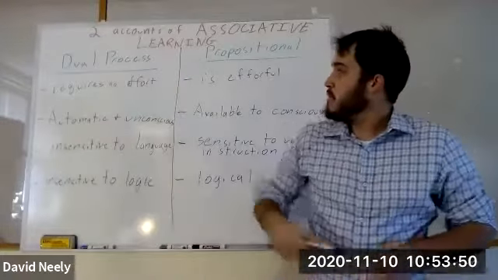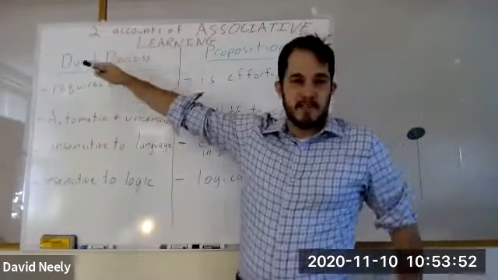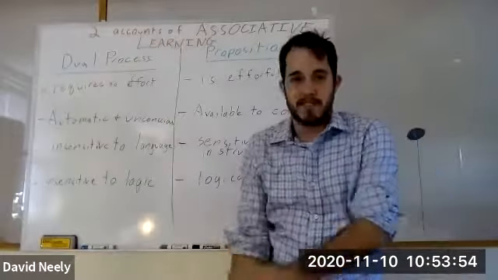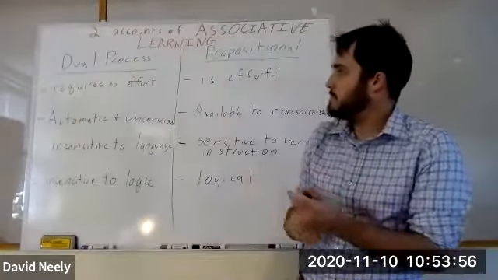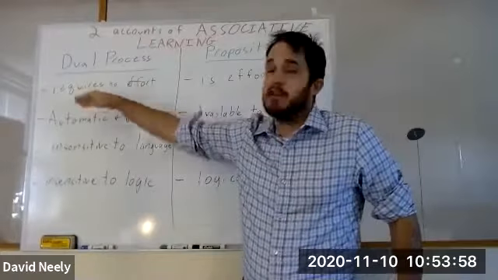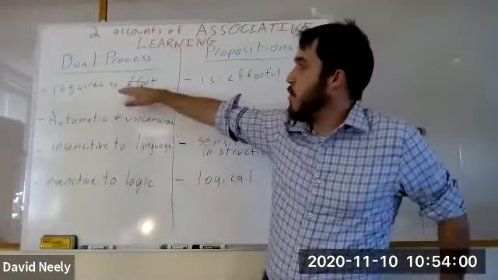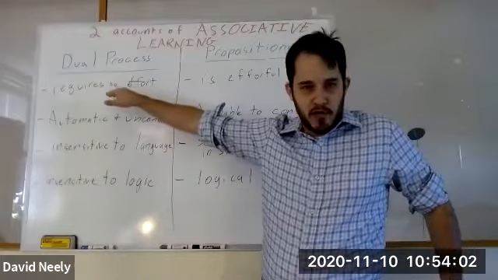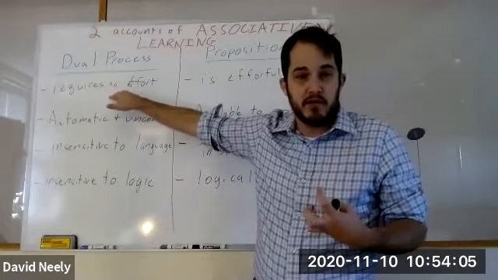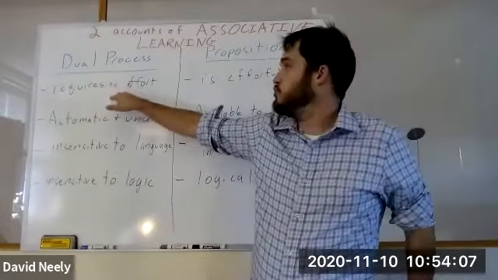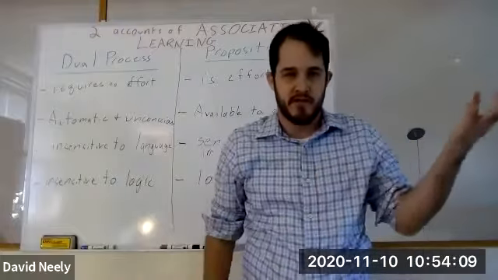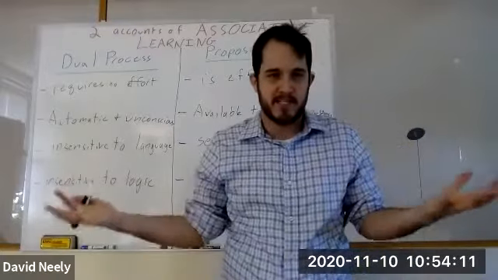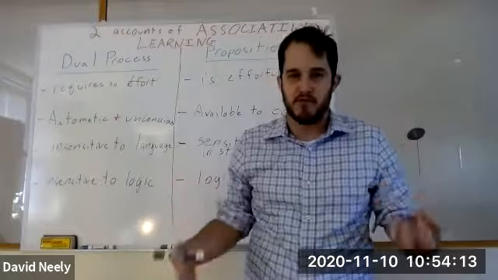Just to review, if the dual process theory is a purely mechanical process by which associative learning happens, then what we should find is that learning associations should take no effort. And as we said a couple classes ago, mental effort is a limited resource. You can't do very long division and memorize all the precedents at the same time. We don't have the mental resources.